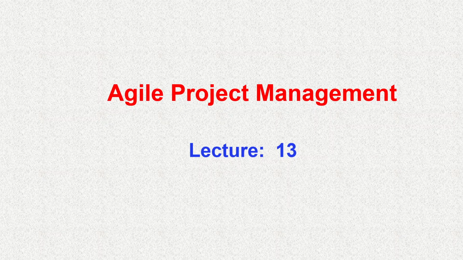Before we get into Agile project management, until lecture number 12, we completed the knowledge areas related to project management. If you remember, every knowledge area is important because it's a part of a project. But when we talk about IT projects, some projects follow different development methodologies like system analysis and design.